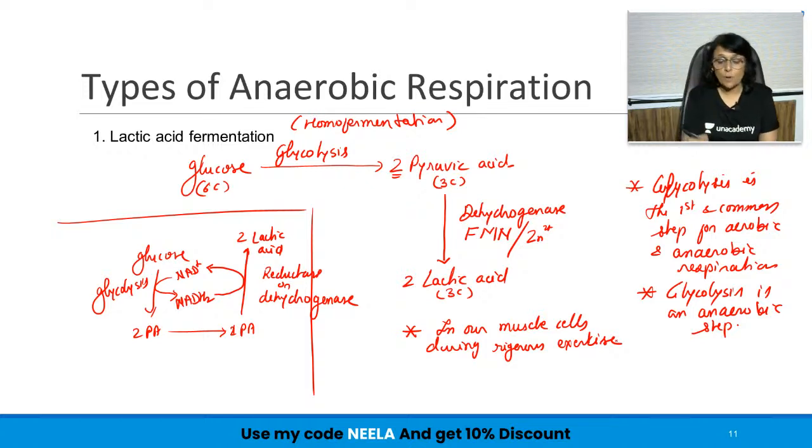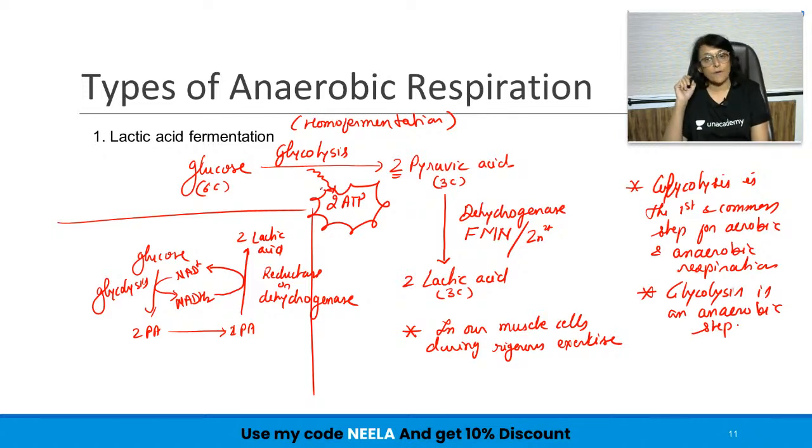And in this particular step, we will get 2 ATPs. So in anaerobic respiration, like lactic acid fermentation, we are going to get only 2 ATPs. So 2 ATPs are obtained, only one product, and this is one place where this is taking place. The second is RBC.